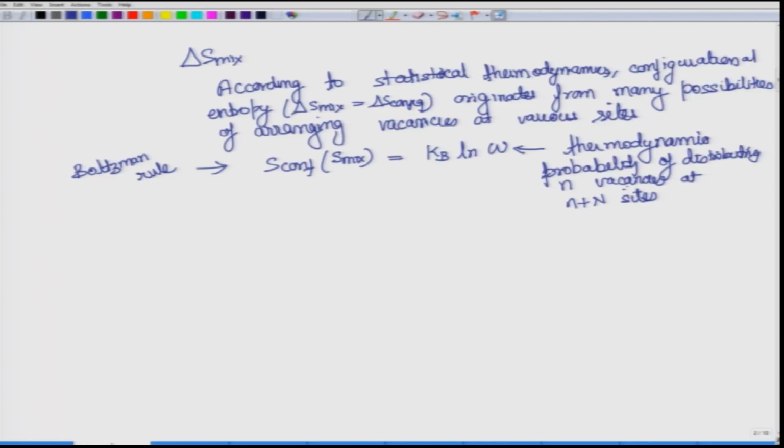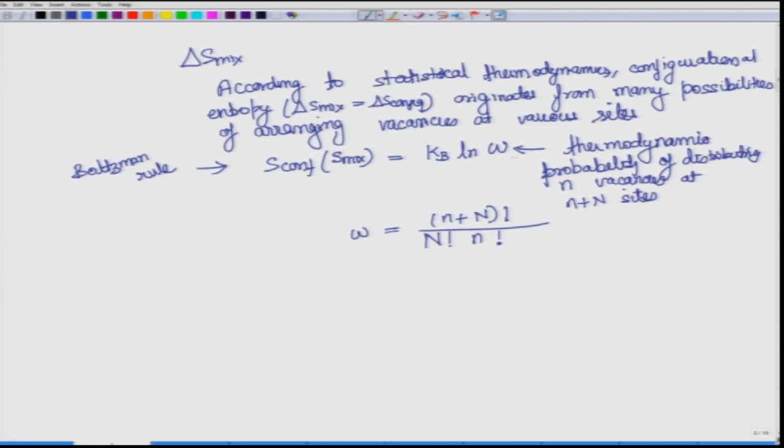And again this is a simple combinatrix, and if you have n vacancies and n plus n sites, it can be easily shown that this W is equal to n plus n factorial divided by n factorial divided by small n factorial. So, now we have this W, which was earlier unknown, but the way it has been defined, now we are able to find a relation for it, find a value for it.